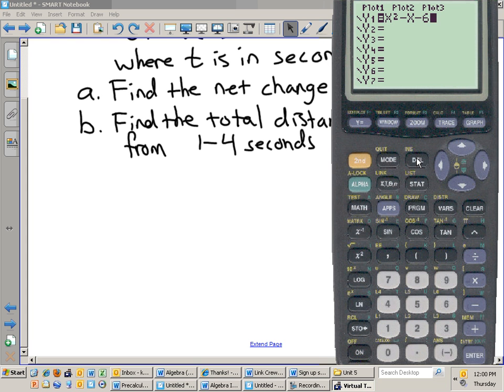So on my calculator, I'm going to make my window x minimum, we'll say 0 would be fine, my x max, 5 would be fine. On my y minimum of -6, I'll make it say -10. My y maximum, I don't know, we'll say somewhere around 30. We'll scale every 10. Maybe that should give me a general graph. So that's what I'm going to look at.